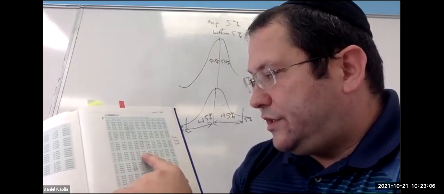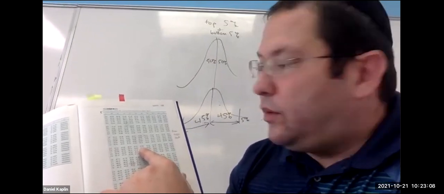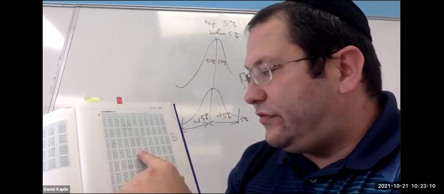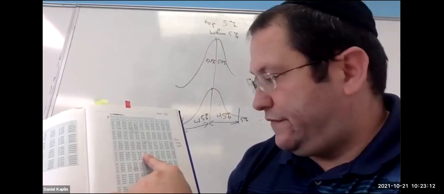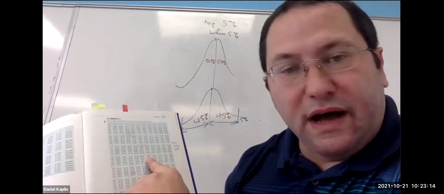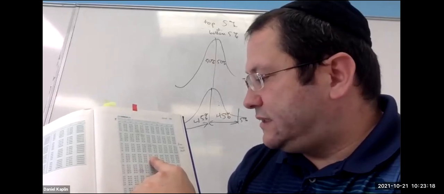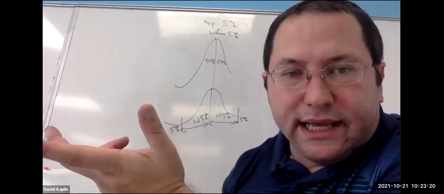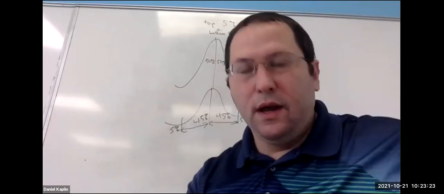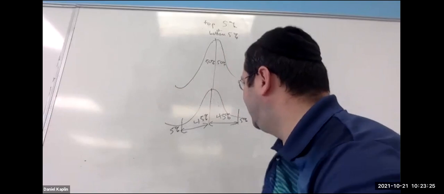So we're going to go to 44.95, right? That's right before 45. 45.05 is already overshot it. So 1.64.